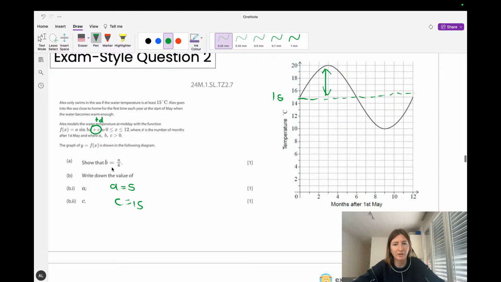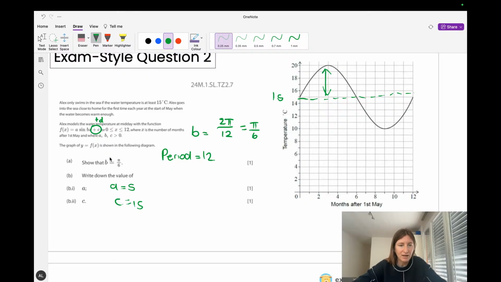And we would show that B equals pi over 6, while the period is 12, because we can see it repeats over 12. So to get B, we need to do 2 pi divided by 12, which is indeed pi over 6.